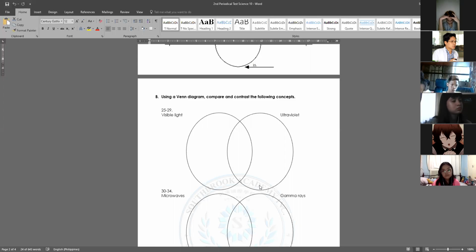The purpose of the space at the center is for you to write in the common among those terminologies or concepts. You need to include what would be common to those terminologies.